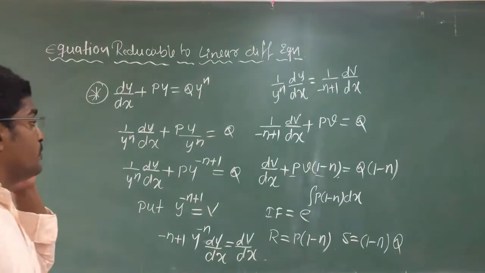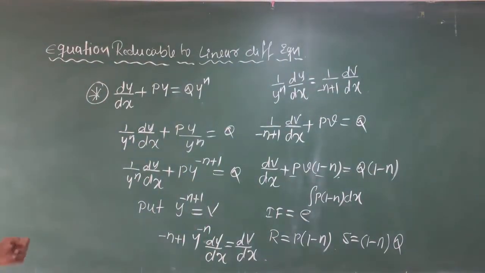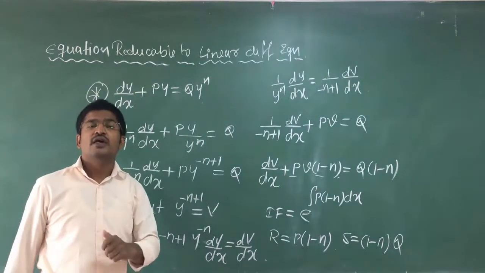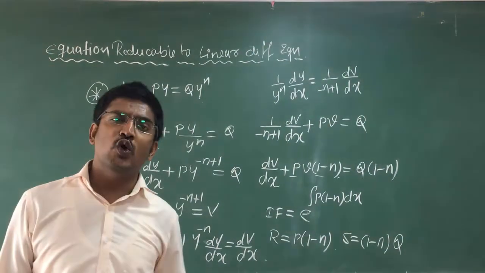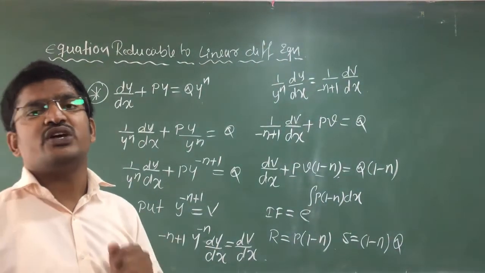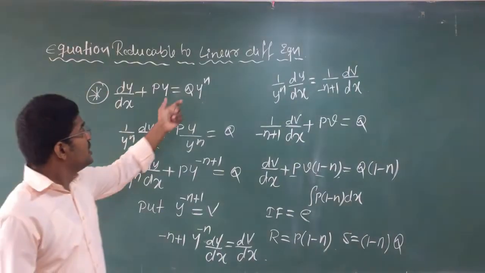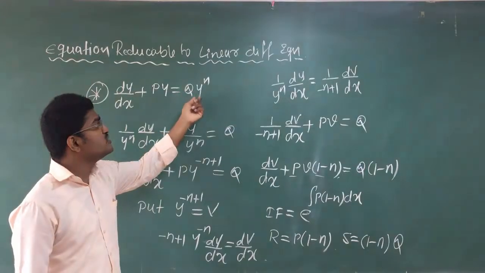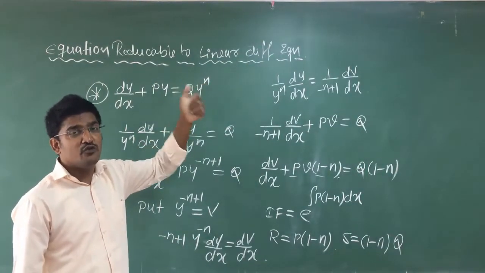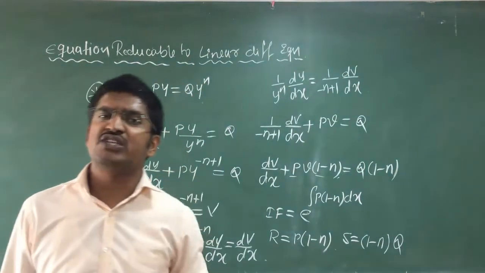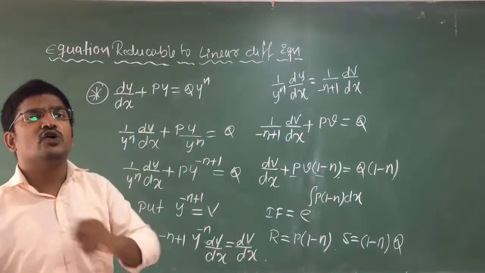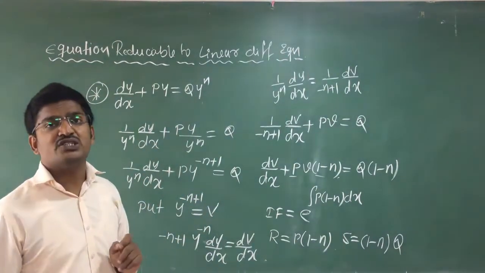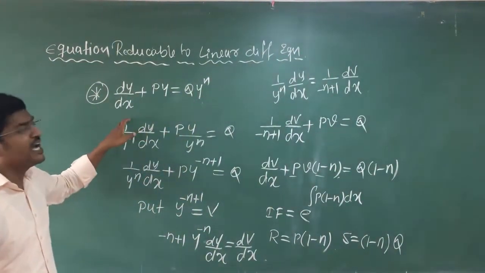Clear? So please make sure that whenever the equation is in this form, you have to reduce it to linear differential equation form. That means q is with y to the power of n. Please make sure that q is with y to the power of n. If you find this type of differential equation, you can reduce it to a linear differential equation by taking y^n on this side.